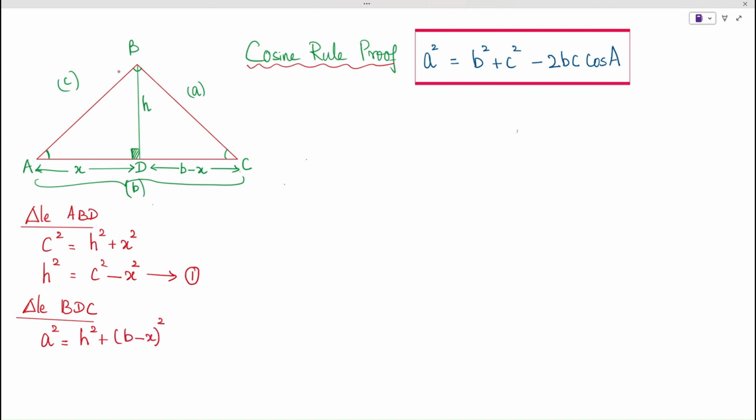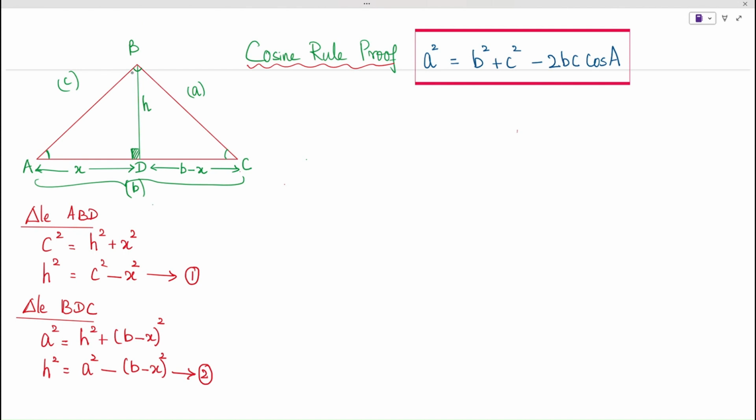And we can rearrange this to isolate h squared, and we get h squared equals a squared minus (b minus x) the whole squared. And so our first equation we'll label equation 1, and our second we will label equation 2.